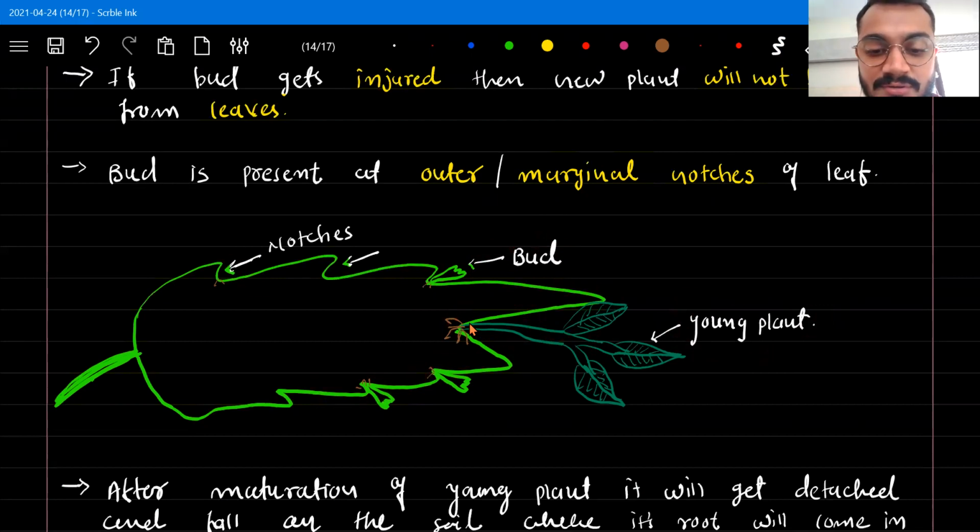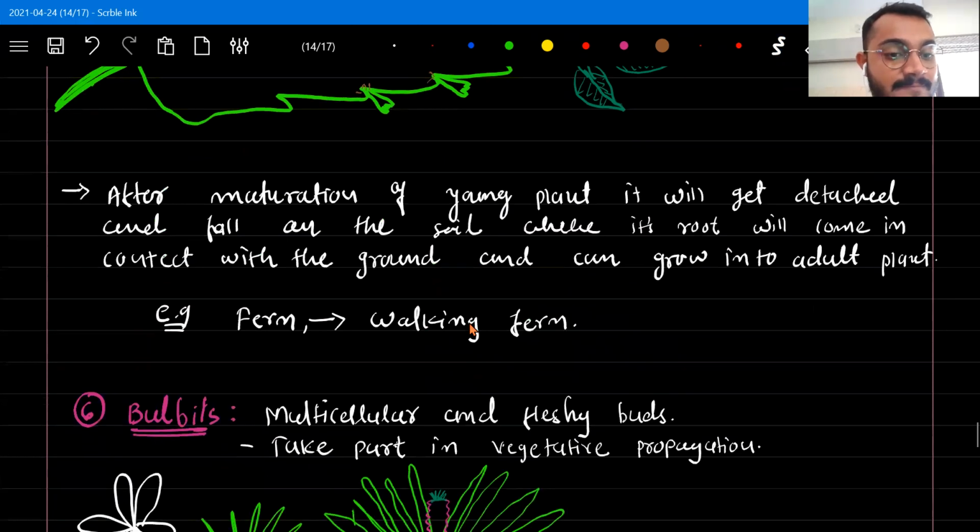On maturation, this young plant will get detached and fall down, and then it will penetrate its roots into the ground and grow there. So this is how, with the use of the leaf, you can also develop a young plant.